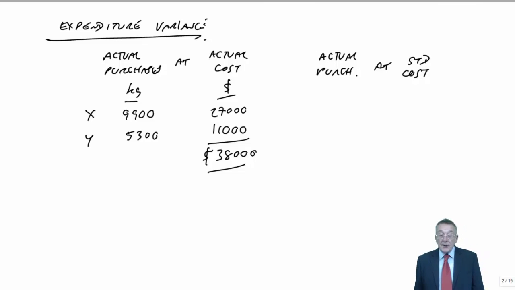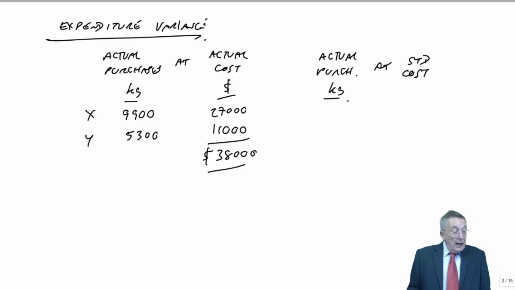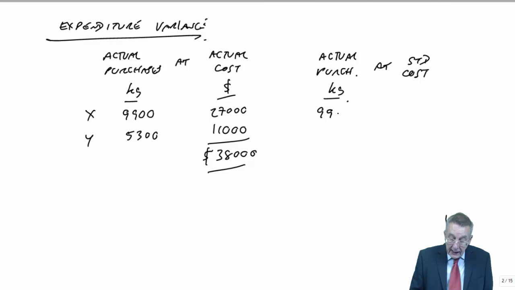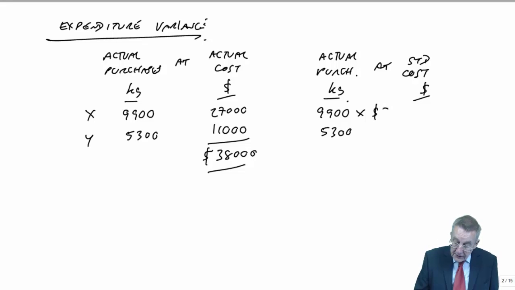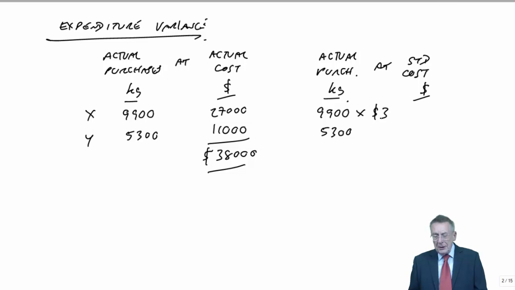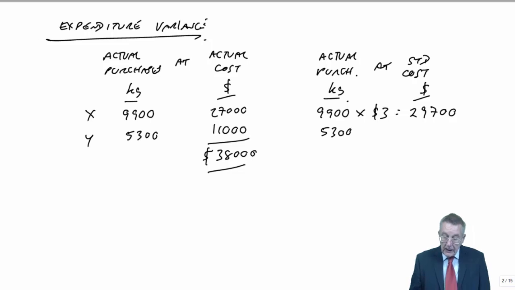For expenditure variance, we compare that with what we should have paid. Our actual purchases again, 9,900 X, 5,300 of Y. And had we paid the right price, X, we should have paid $3 a kilo. So in total, that's 29,700. Y, we should have paid $2 a kilo, total 10,600.